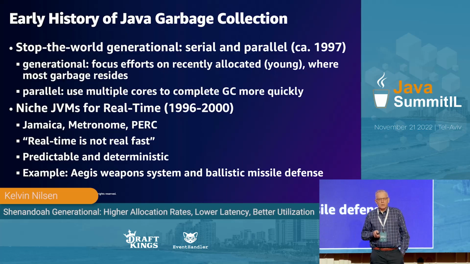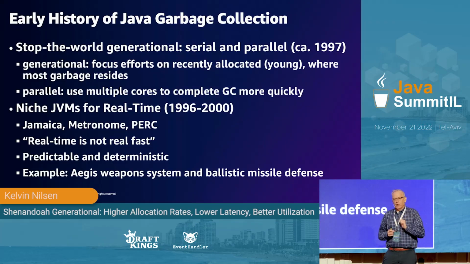The garbage collector's effort is proportional to the live data that has to be collected. So if we have a large region that's almost all garbage, that's very, very easy to garbage collect. And so that's where we focus attention with a generational garbage collector, where it's easy.